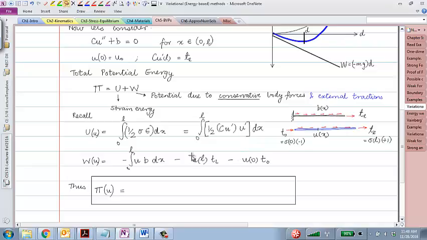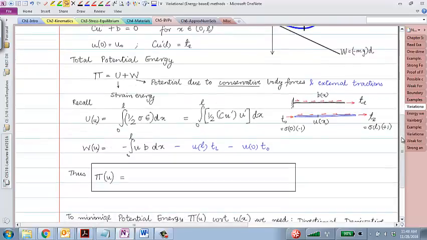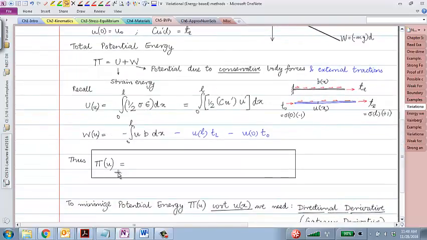And just to be consistent with the color scheme that I have been using till now, I'll make the boundary terms blue. So I now have an expression for the strain energy and this long expression for the change in potential due to external forces like body forces and traction. All that we have to do now is sum them up.